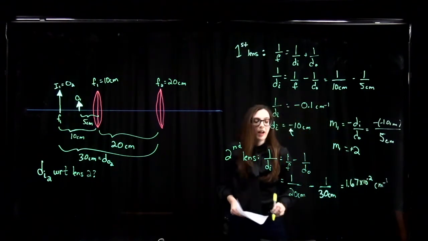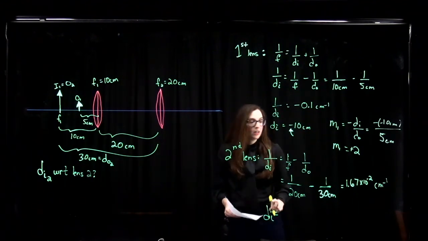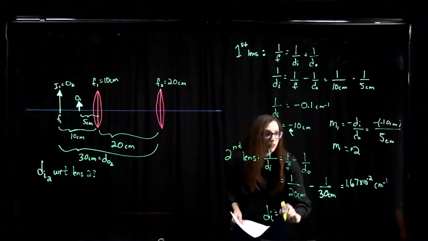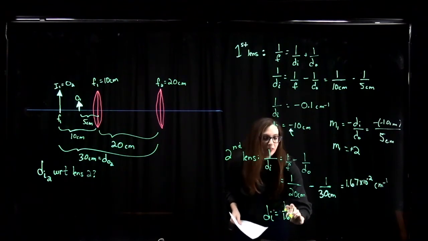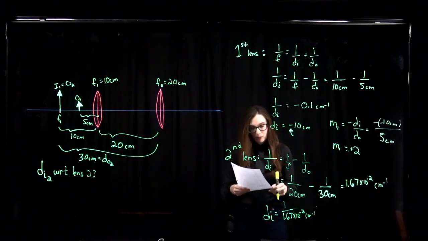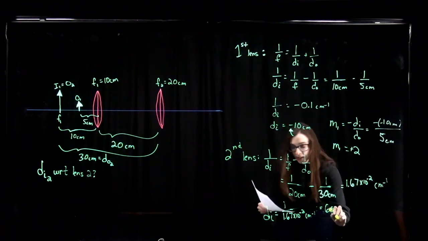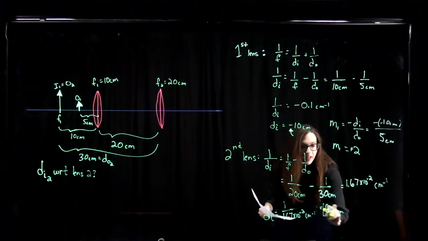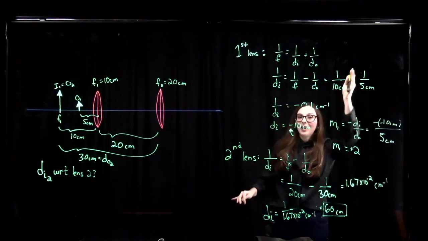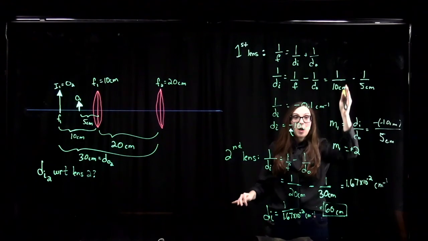That's 1 over di. So we take the inverse of that. Di is equal to 1 over 1.67 times 10 to the minus 2 inverse centimeters, and that gives us a value of 60 centimeters. Way over here is where our image is going to be for this double lens setup.